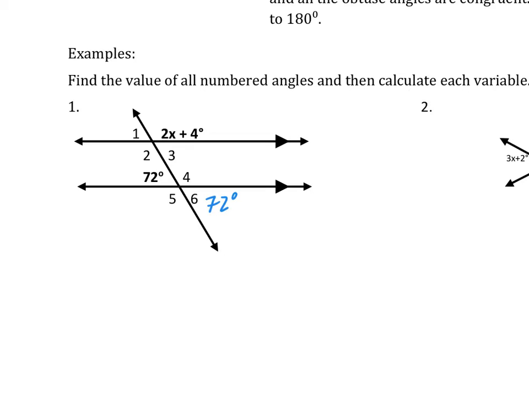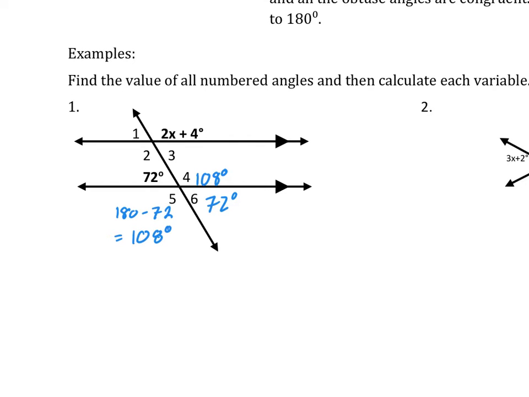And then in this bottom group of 4, we have a few more angle relationships that we can work with because angle 6 is supplementary to angle 5, which means angle 5 is going to be 180 minus 72, which would be 108 degrees. Now angle 5 is vertical to angle 4, so I know that angle 4 is also going to be 108 degrees. So now I have 4 out of the 8 angles that I'm going to try to find.